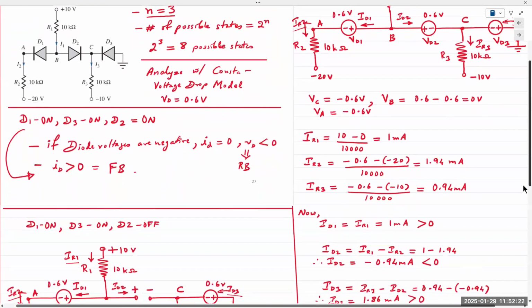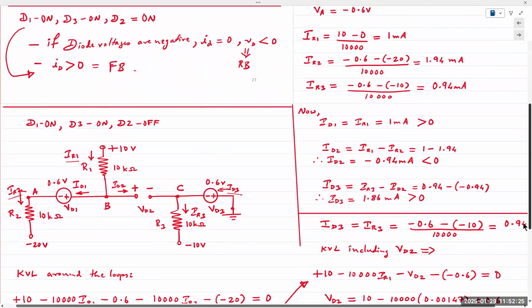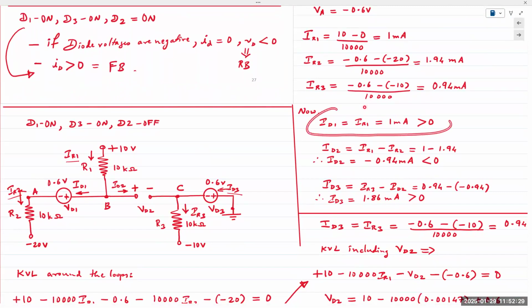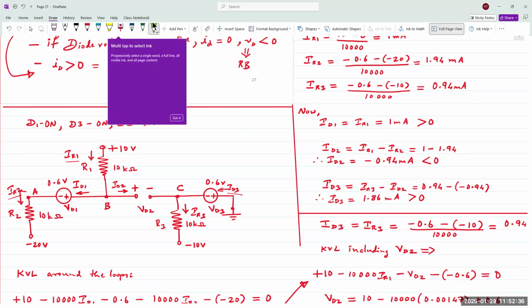From these three resistor currents, I can find my diode currents. ID1, simply the same current as IR1, so 1 milliamp, which is greater than 0. So my assumption for ID1 is correct.